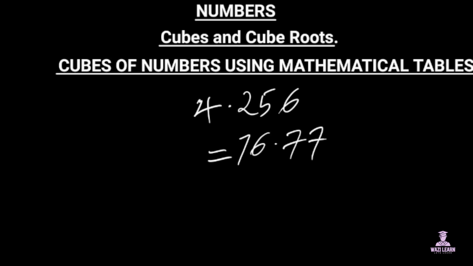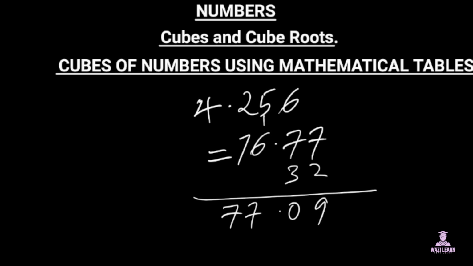Just move across to the add column up to where it intersects with 6. So that is the value you'll add. So for 4.2, you'll add 32. Make sure you add to the far right. So it will be 9, 0, 7. So our answer is 77.09. That is the cube of 4.256.